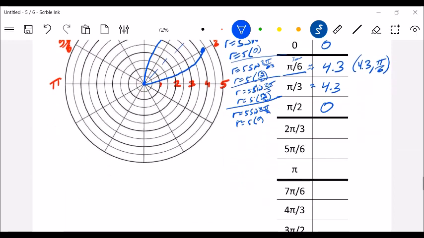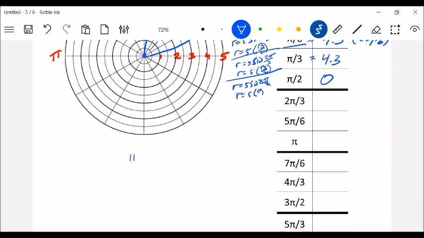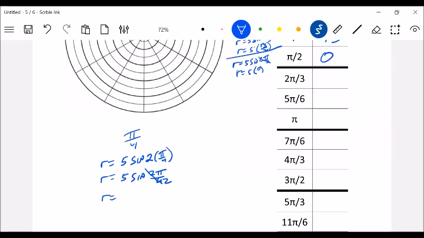So let's figure out pi over 4 separately. R equals 5 times the sine of 2 pi over 4, which is pi over 2. At pi over 2, or 90 degrees, the sine is 1, so that's equal to 5.